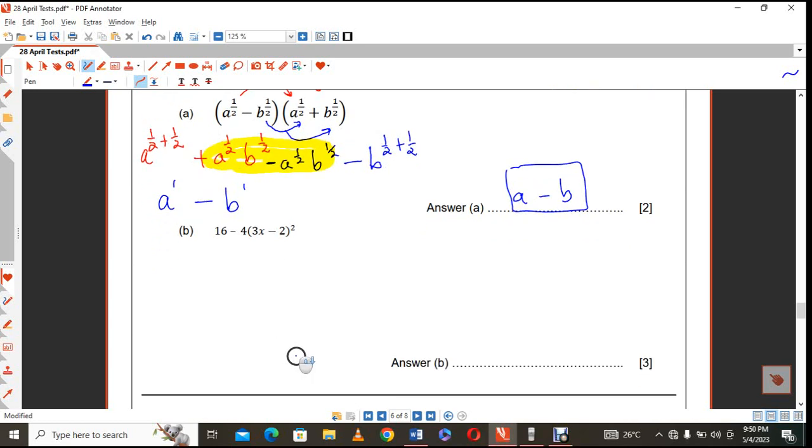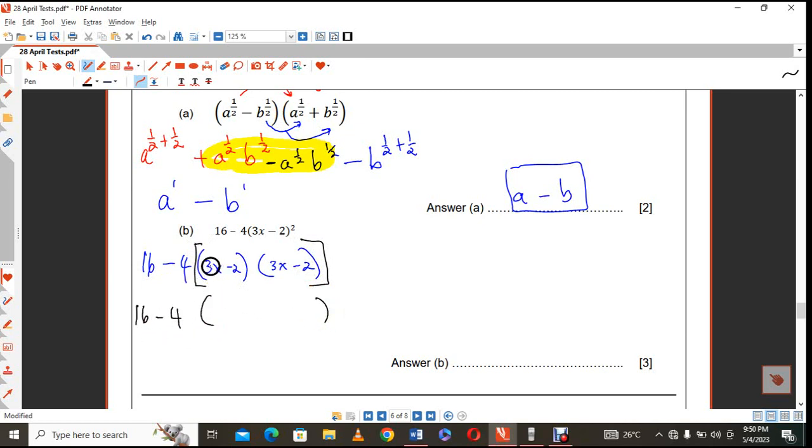This one requires a little bit more work, okay? And be very careful that you don't just say square this and square that. It means 16 minus 4, and this bracket here should multiply by itself. 3x minus 2, 3x minus 2. Well, I'm going to take a different approach, perhaps just to allow for consistency. I'm going to find, if I multiply these brackets, what is the value that I'm going to get.